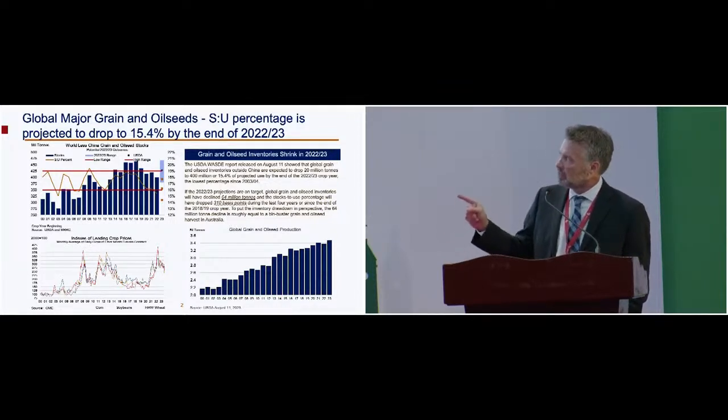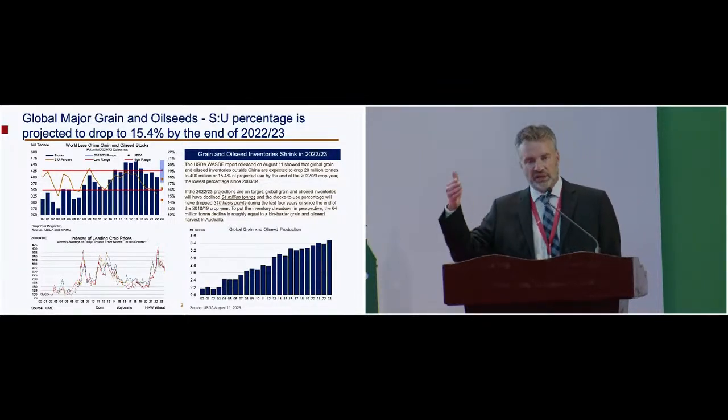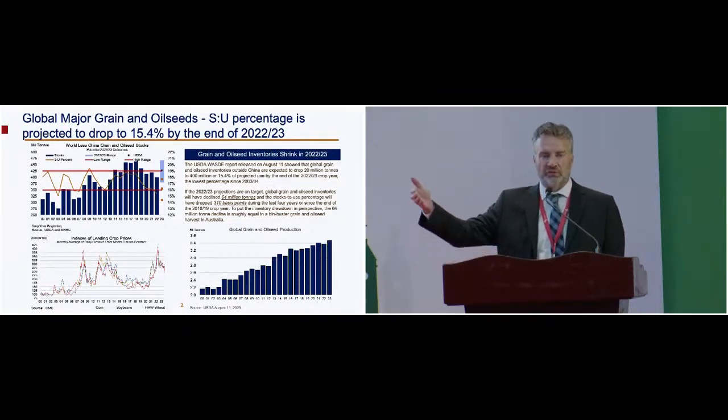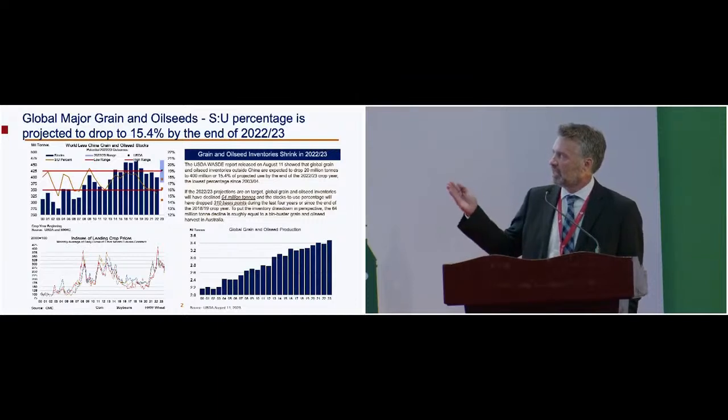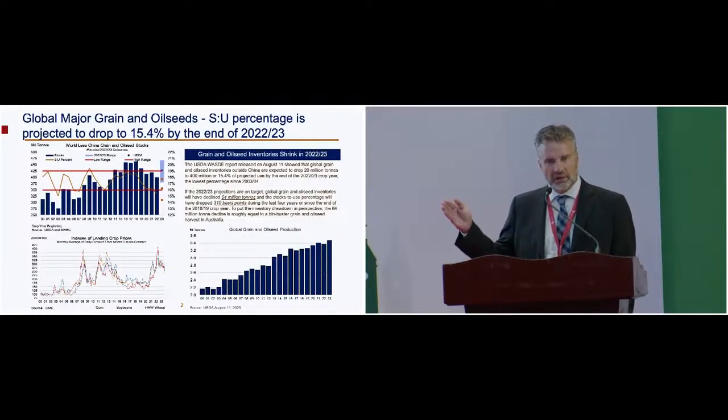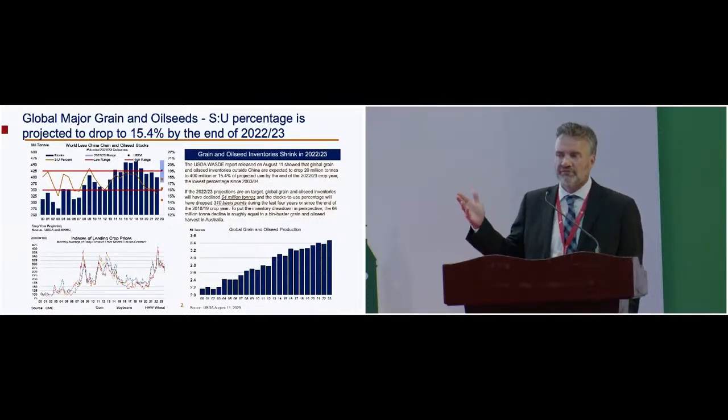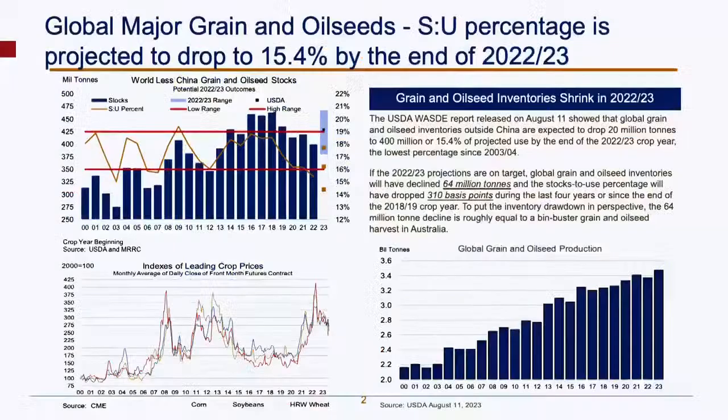Fortunately, for 2023, which is just starting now, the 23-24 season, we are forecasting a projection to go back up above that 16% threshold line, which really sparks a food crisis. But it's telling us we're not that far out of the crisis. So the lesson here is we're moving up, but we're in a very, very precarious situation.